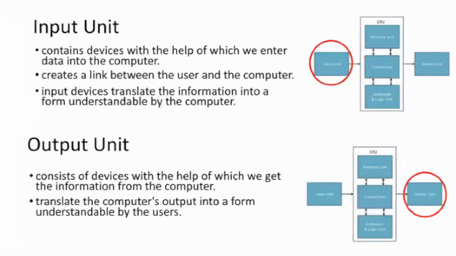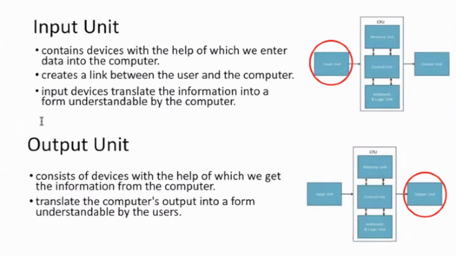A trackpad in a laptop is also an input device. We can input some data using them. If you press a key on a keyboard, the letter goes to the CPU. So that's the input device. Keyboard is an input device. Mouse is an input device.